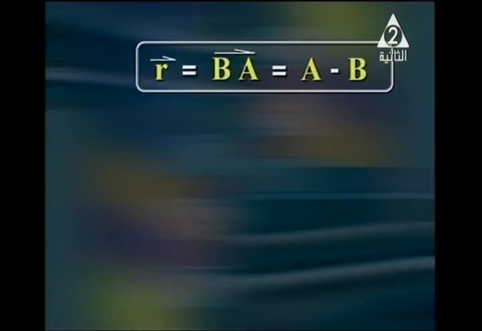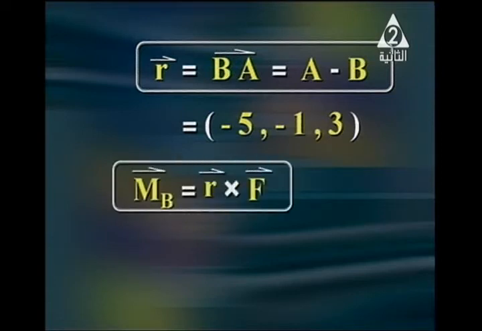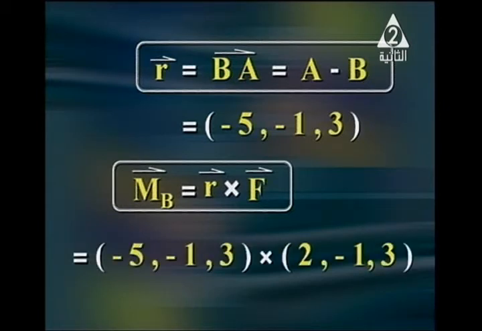We find R vector equals BA vector. What is the rule of BA vector? Point A minus point B equals negative 5, negative 1, 3. This is the R vector. Moment about point B equals R vector cross F vector. What is the R vector? Negative 5, negative 1, 3.